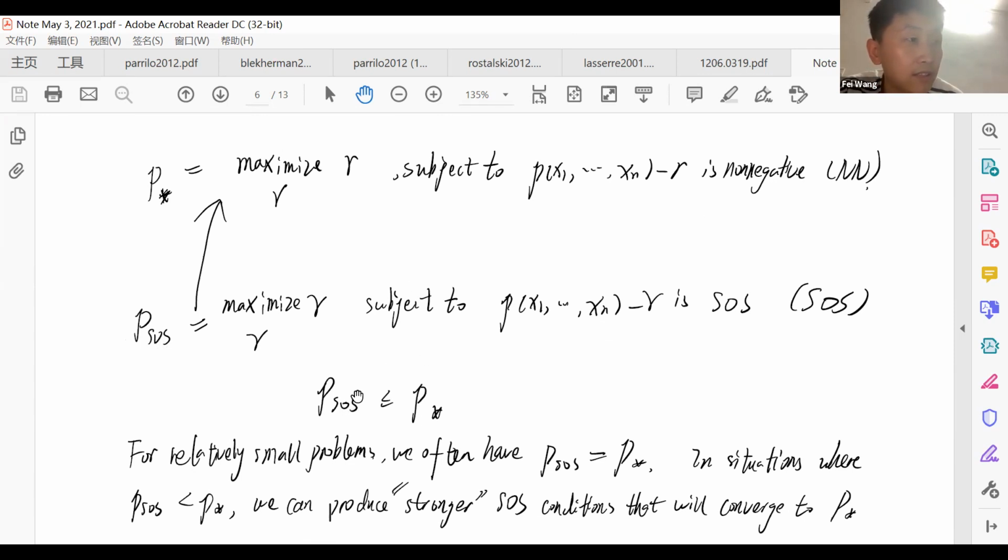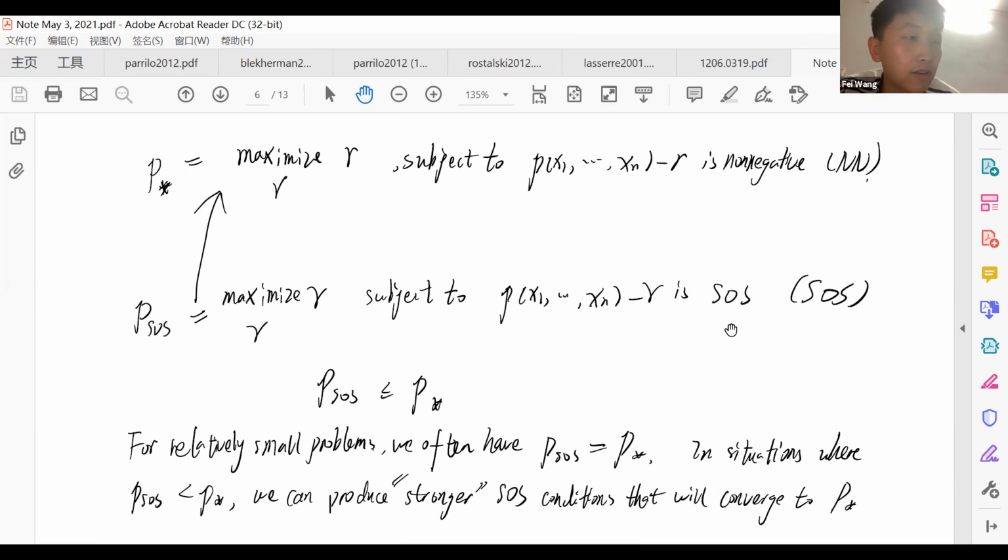Because p_sos comes from this sum of squares program. Since sum of squares implies non-negativity, but non-negativity may not imply sum of squares for multivariate cases, this sum of squares problem has a smaller feasible set than the other problem.